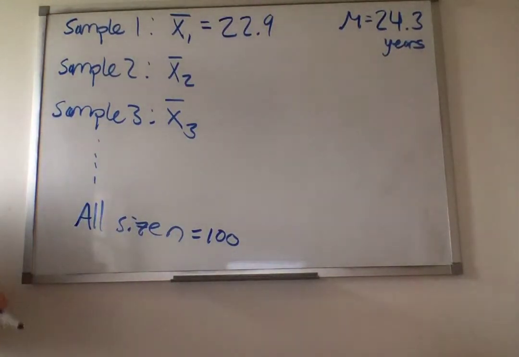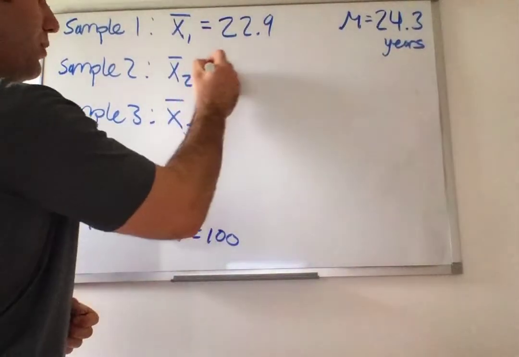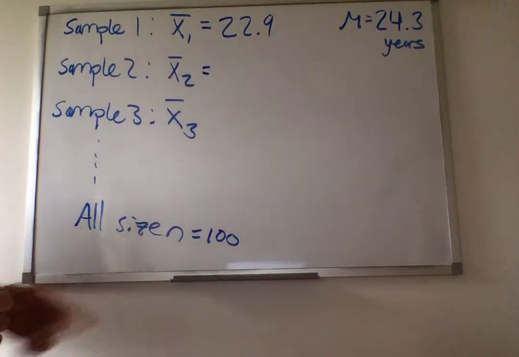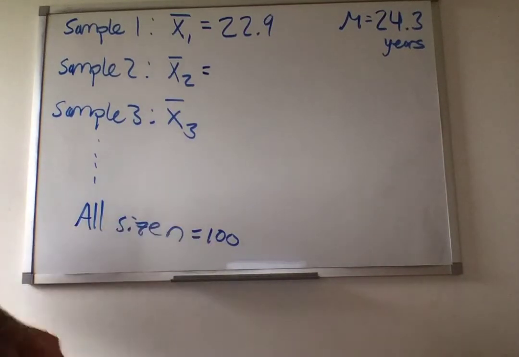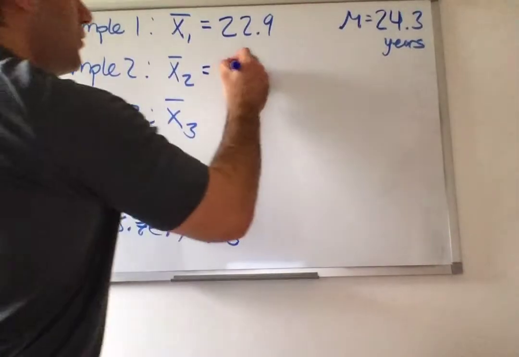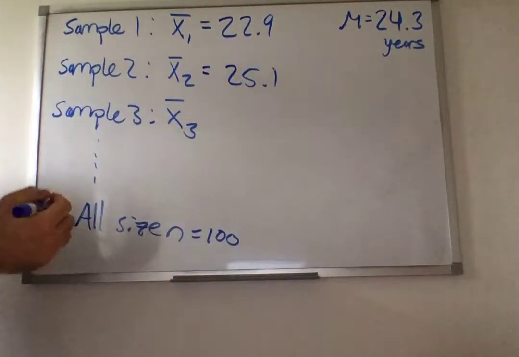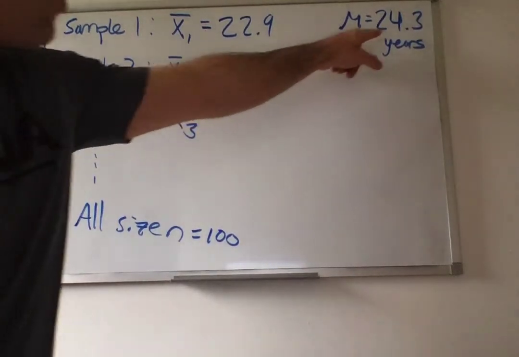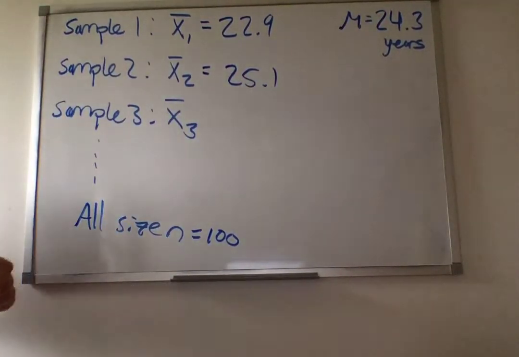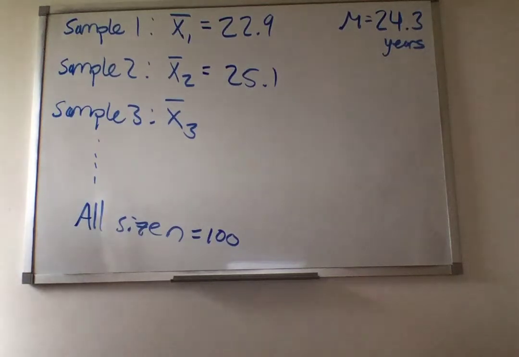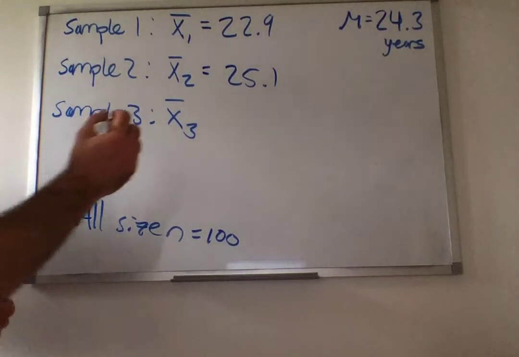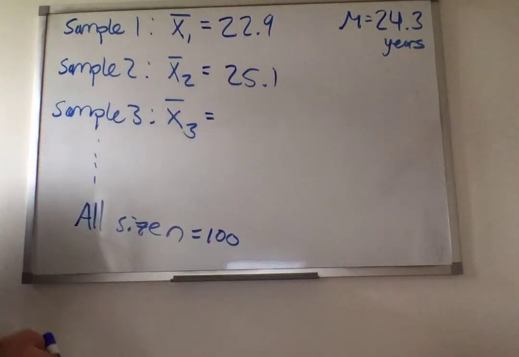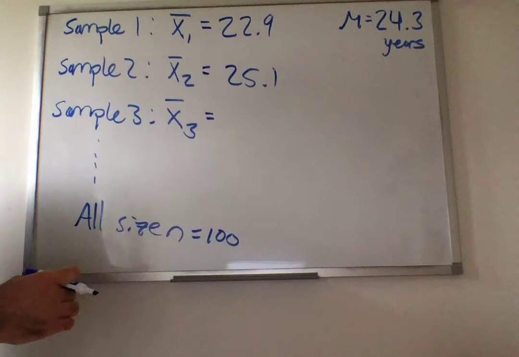Now again, we go around CLC, we ask 100 more people about their age, and then we compute the average of their ages. Say we got 25.1. I just made it up again. Now this time it's over our actual population average a little bit. Now we do it again. We're going to keep doing it many, many times. But let's do it one more time.